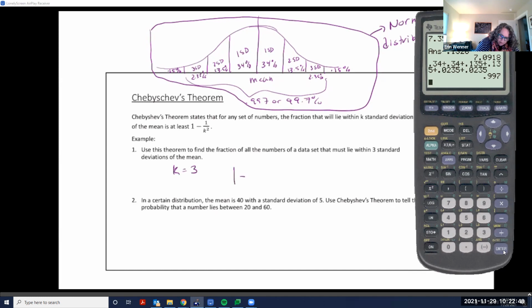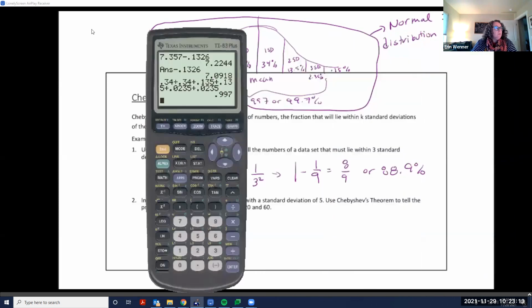So we're going to do 1 minus 1 over 3 squared, which is 1 minus 1 over 9, which gives us 8/9 or 88.9%. So again, a normal distribution is going to have more of its data within 3 standard deviations versus just this distribution that Chebyshev is referring to.